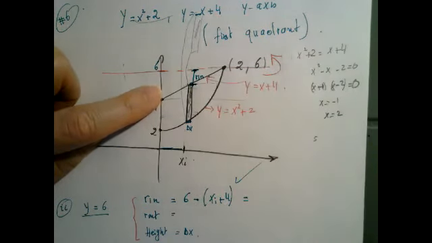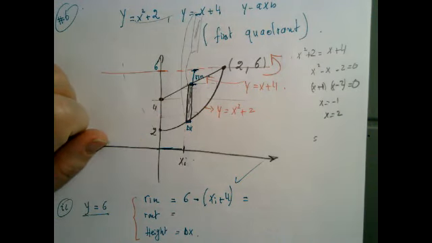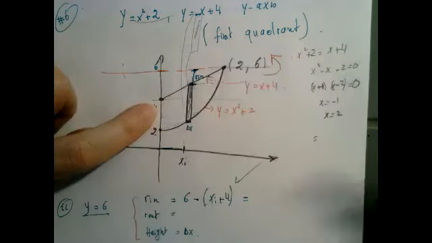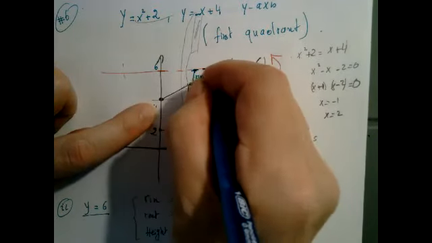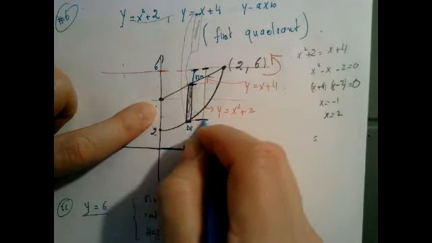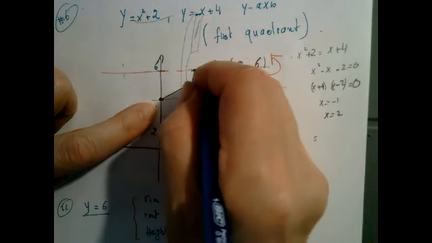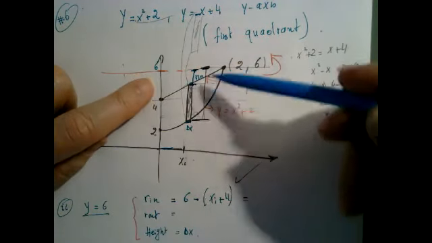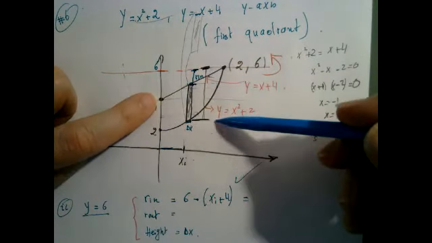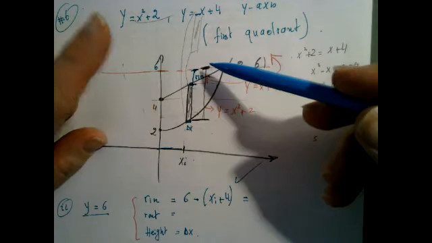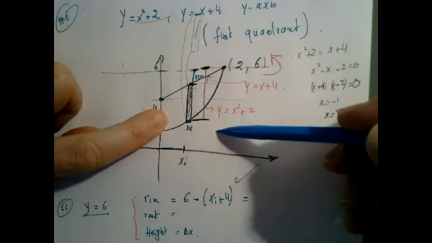That's the inner radius. What's the outer radius, all of you? On the picture, the outer radius is from y equal to 6 to the bottom curve, right here. That's, again, a vertical distance. What's this vertical distance equal to? The top value minus the lower value.